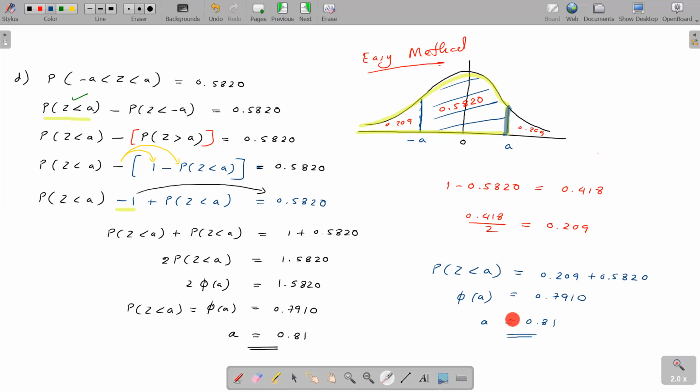So apologies for giving you the long method at the beginning. This is really straightforward. Another method: you could divide the 0.5820 by 2 because each side is equal, get the value of one side, and add 0.5 to it, and you still get 0.7910.